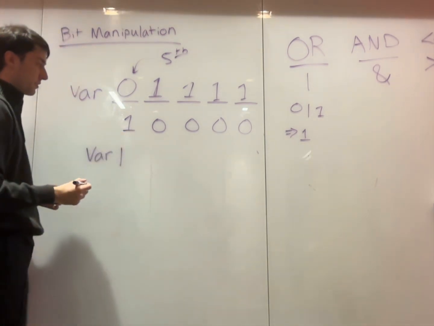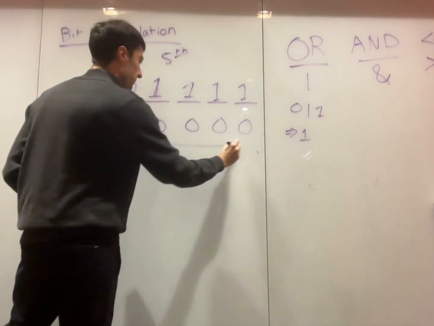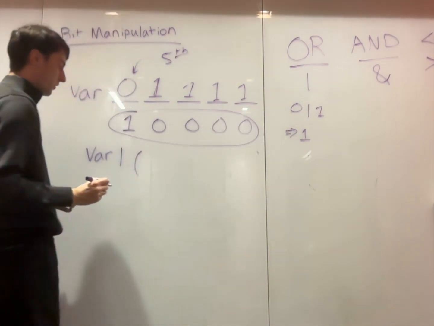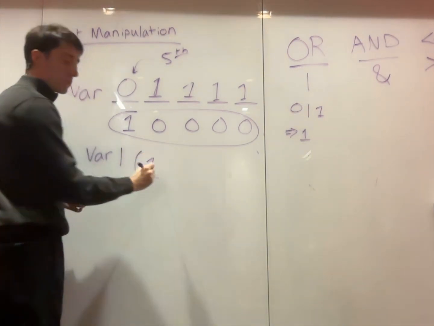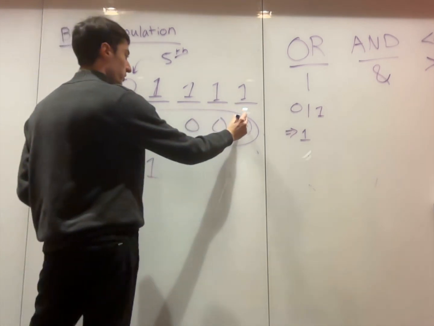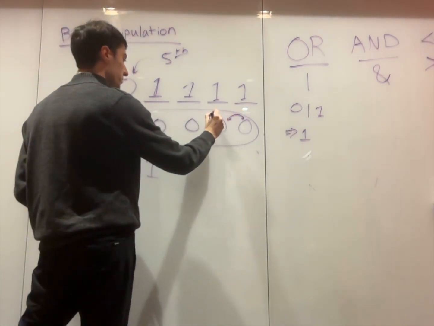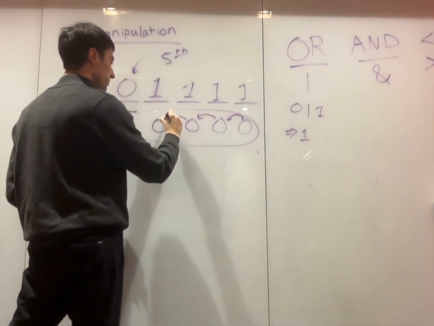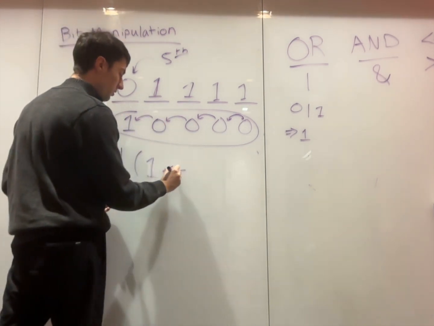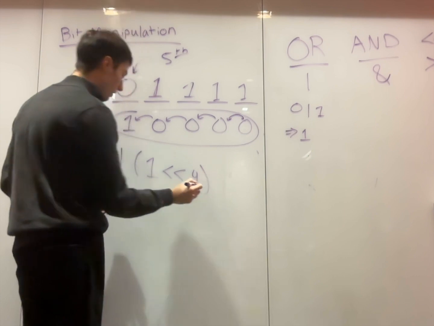and now how do we get this? How do we get this one? Well, we use the exact same trick that we just did. We do this 1, and then we shift 1 place, 2 place, 3 place, 4 place. So shifted 4.